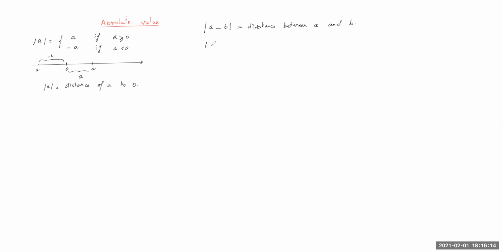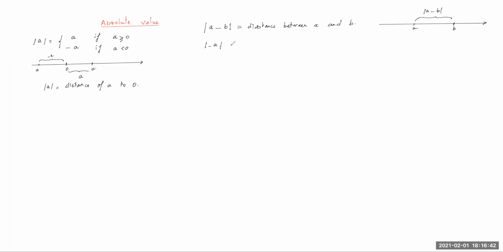Here we can see it also: if you have a line, then you will have A and B. The distance between the two quantities, either B here or A here, holds in all situations. It is exactly the usual distance we know.